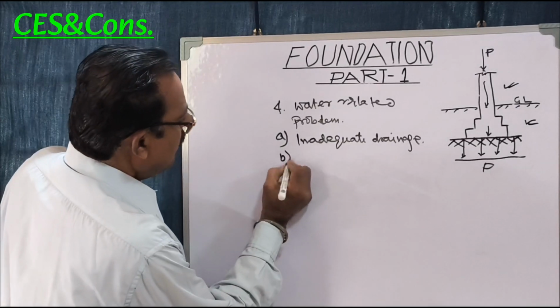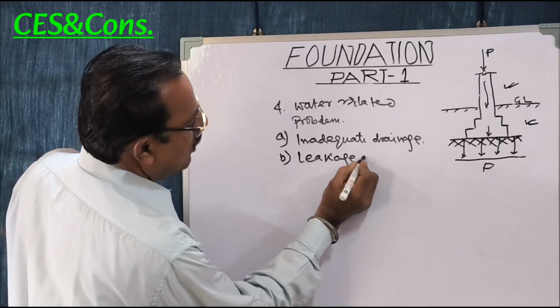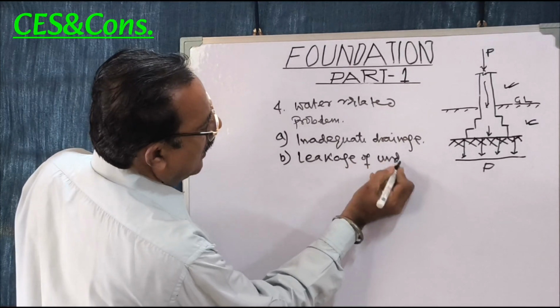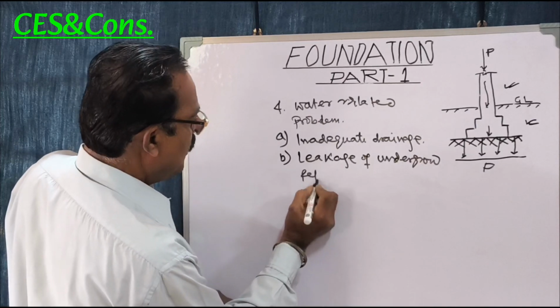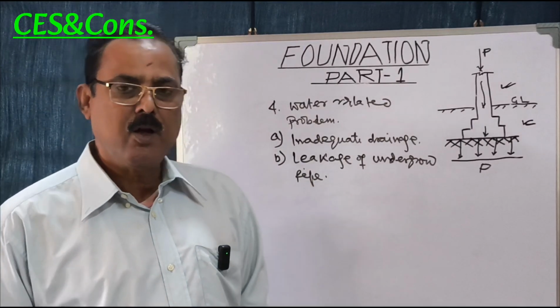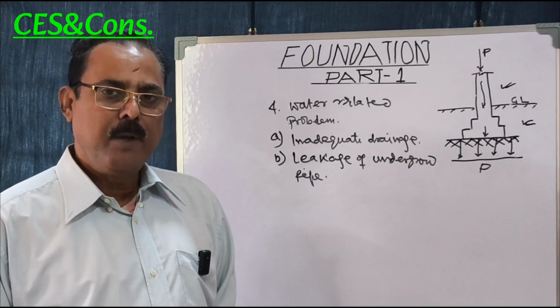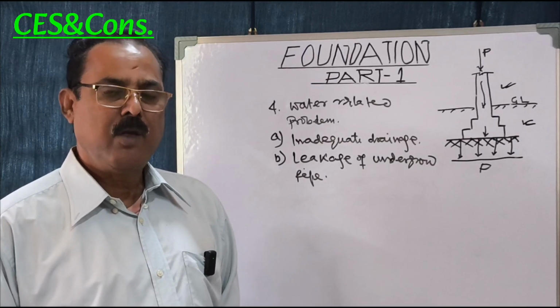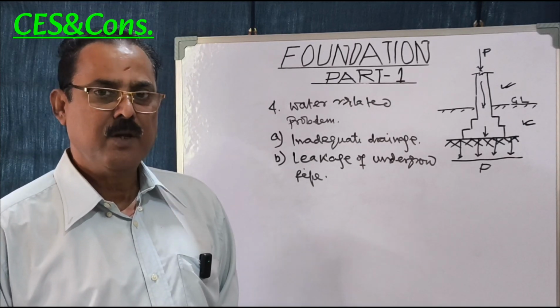Another point may be leakage of underground pipe. If there is any leakage in an underground pipe near the foundation, then the bearing capacity decreases substantially. In that case also, the foundation may fail.